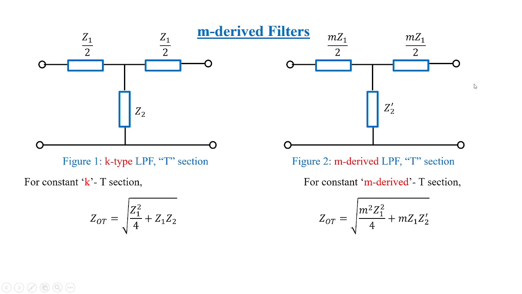It's an open circuit impedance. You have to treat the output leg as open circuit, then you get the total impedance of these two sections. Now for these two, the K type and the m-derived type, you can see the characteristic impedance is almost similar. So we are going to equate these two impedances.